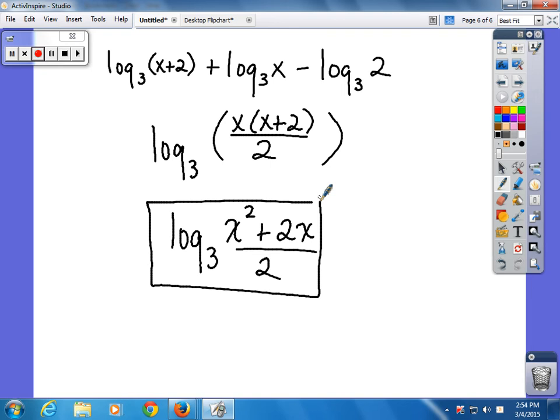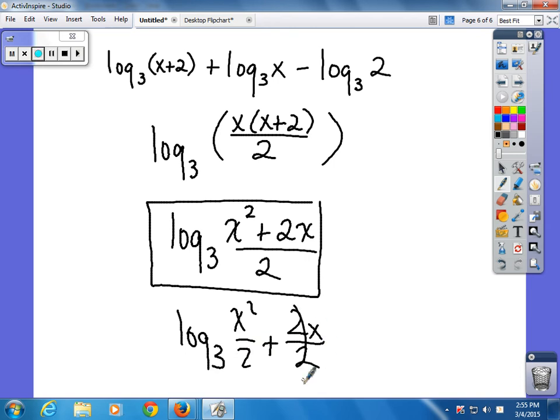Well, there's really no way to simplify it unless you know what x is. You can't cancel the 2's unless you do this: if you put the x squared over 2, you can write log base 3 of x squared over 2 plus 2x over 2.